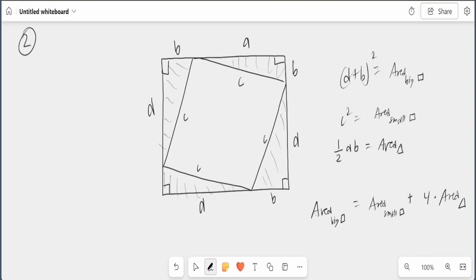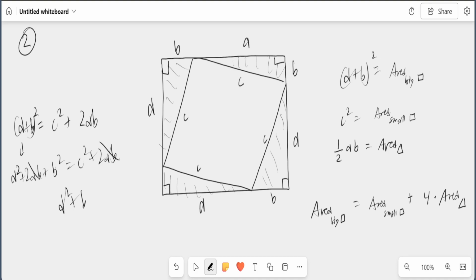Okay, so that means (A plus B) squared is equal to the area of the small square, C squared, plus 2AB. We expand this out: A squared plus 2AB plus B squared is equal to C squared plus 2AB. Those go away, so A squared plus B squared is equal to C squared.